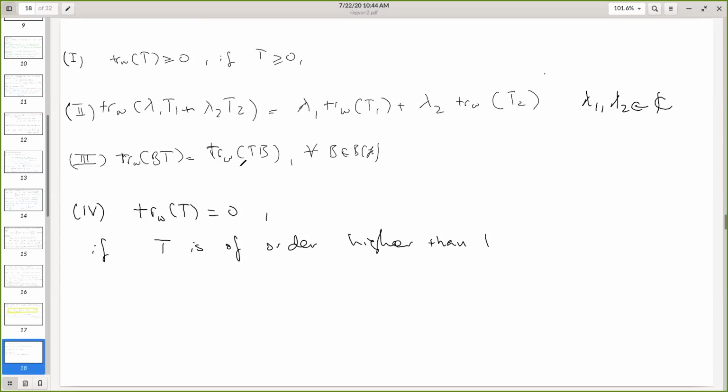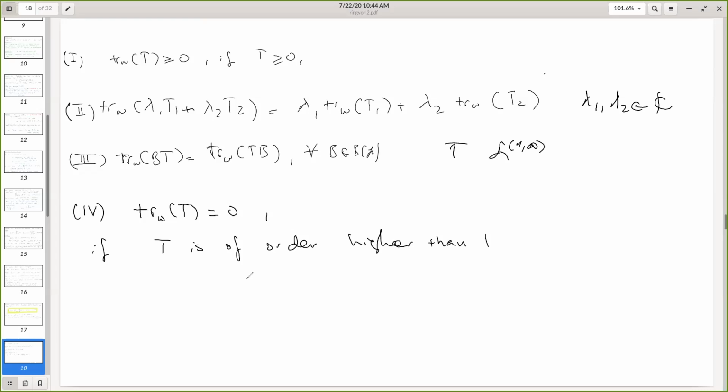And the trace is cyclic, which is very nice actually, for all bounded operators. So you have T, which are compact operators that are infinitesimals of order 1, and the trace of B times T is equal to the trace of T times B, and the trace is 0 if T is of order higher than 1. And this is what this trace does.